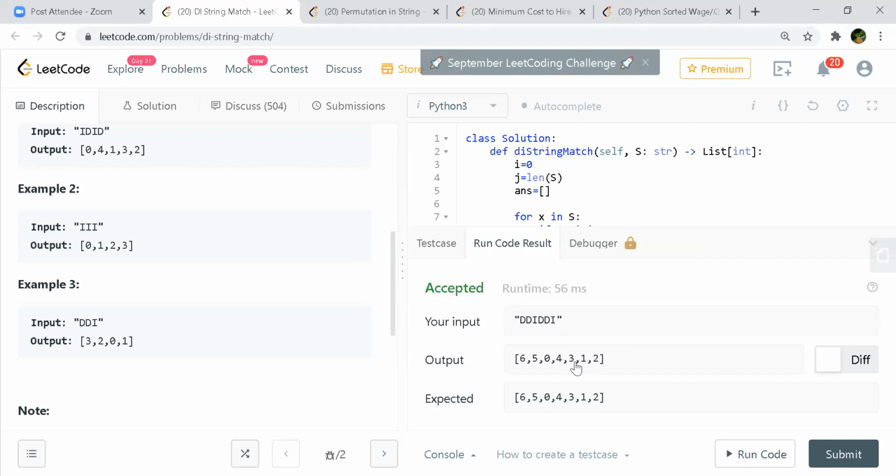That will create a problem. Okay, so what are you suggesting, Uday? If we swap 0 and 3, then 6 5 3 4. No, because 1 is more, right? No, decreasing again. You can actually swap 6 5 and 4 3.